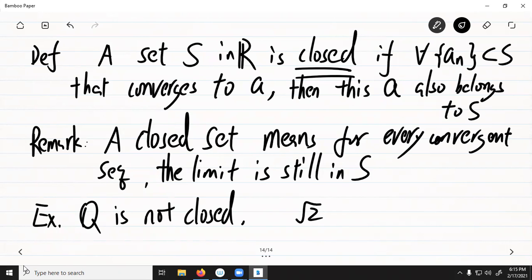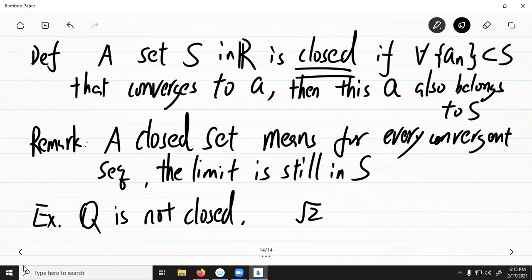But this limit, square root 2, is not a rational number. So square root 2 is not in Q. So you find a sequence which converges to square root 2, but square root 2 is not in S, not in Q. So this Q is not closed, right?